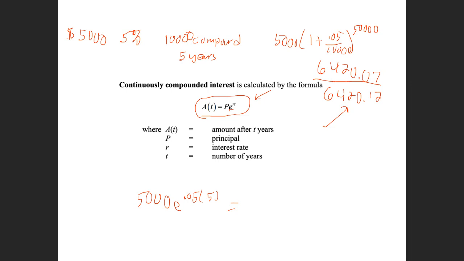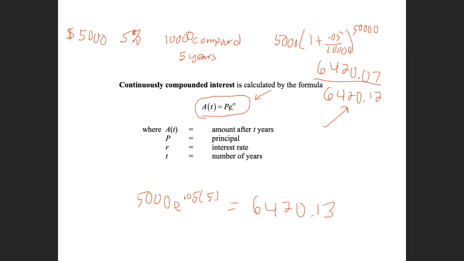So I've got 5,000. Where's my E button? There it is. E raised to the 0.05 times 5. And I end up with $6,420 and 13 cents.